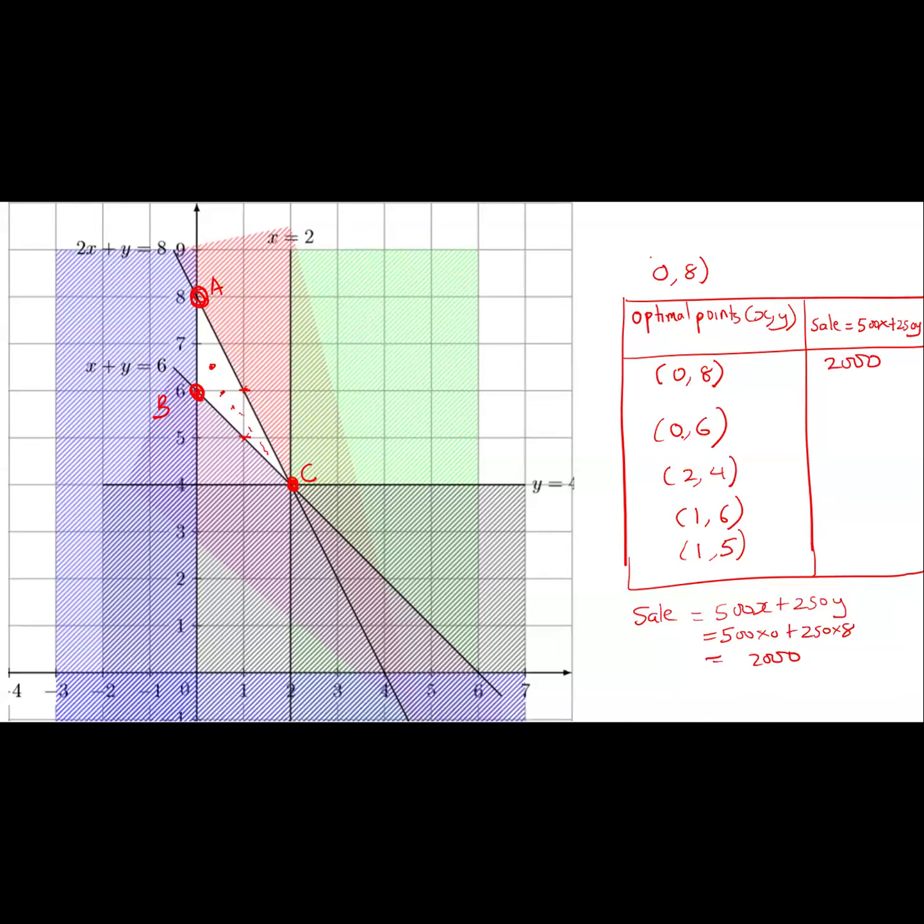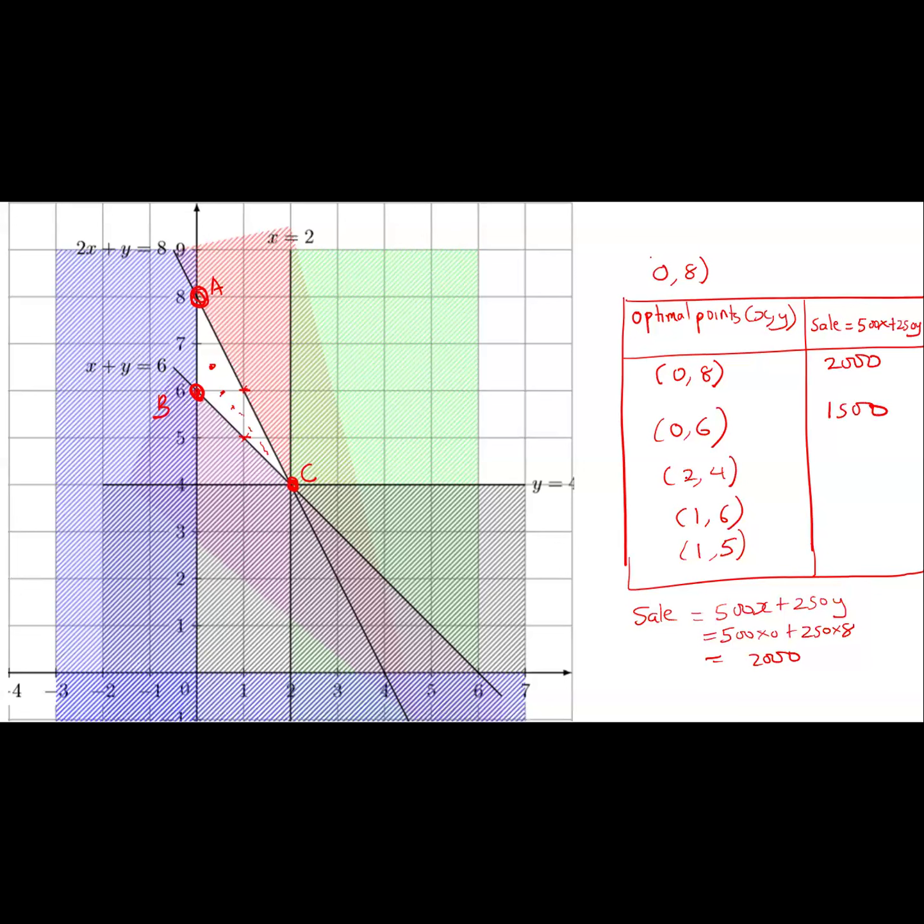Then I go to the next one, 0 and 6. You still insert and get what you get. So you keep on inserting. 6 times 250, you find this is maybe 1500.